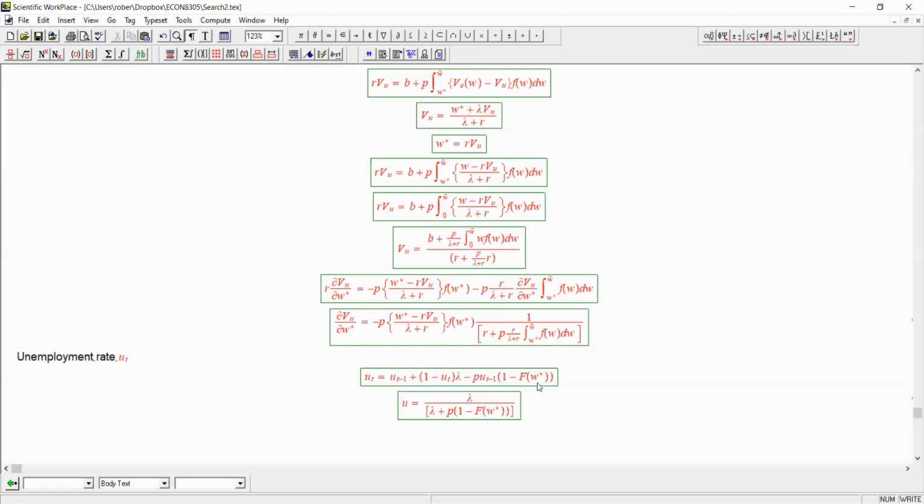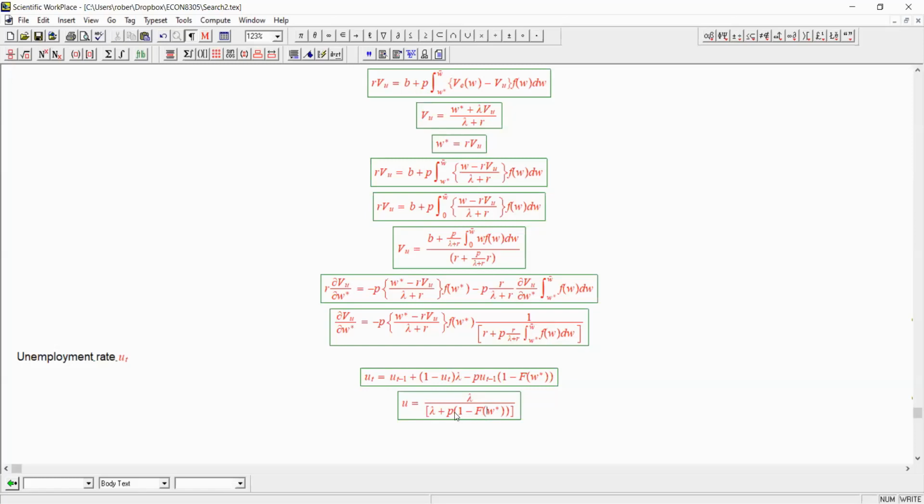And the key thing to observe here is that there's going to be a link between not just the parameters here and the unemployment rates, but also between the reservation wage and the unemployment rate. In particular, if the reservation wage goes up, the probability of getting a job offer below the reservation wage rises.